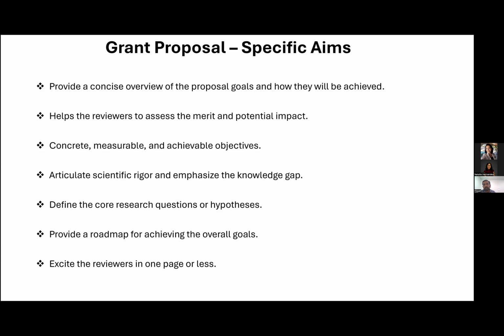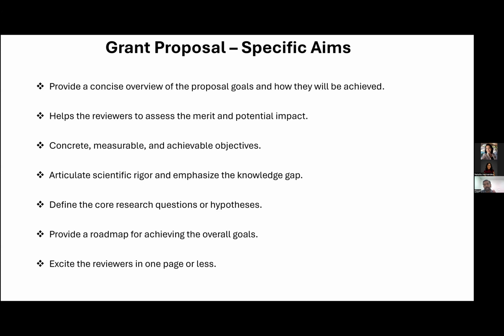So the overall goal here is to excite your reviewers within a one page write-up. That is very, very important. When a reviewer starts reviewing your proposal, the first thing they are going to read and understand is your specific aims.